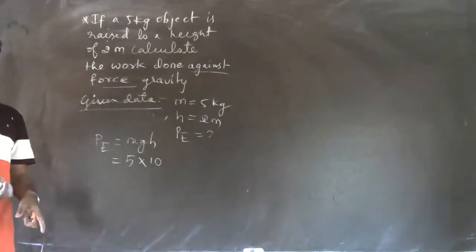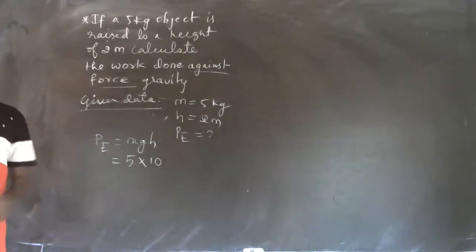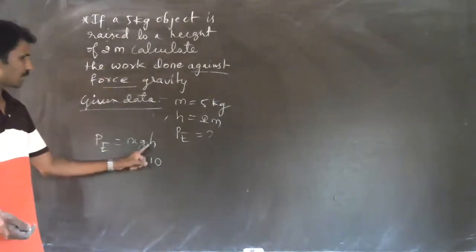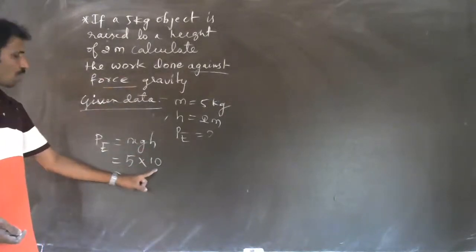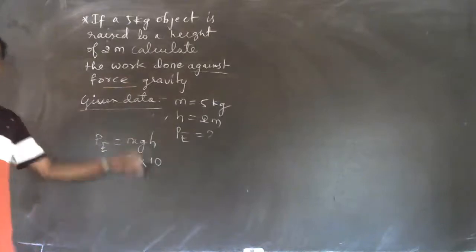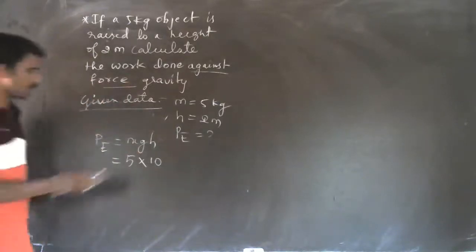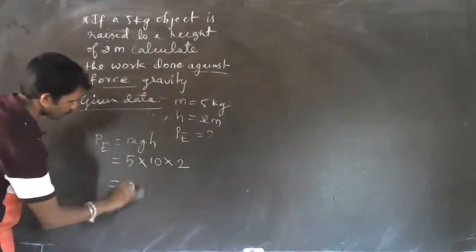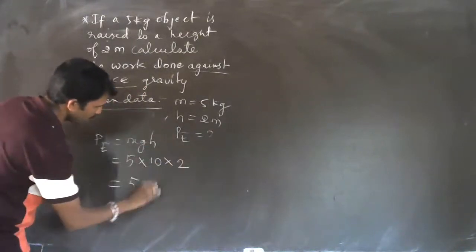That acceleration is called acceleration due to gravity, represented as g, and it is always constant for all objects, as we have studied in the gravitation chapter. Height is 2 meters. So 50 into 2, that is 100 joule.